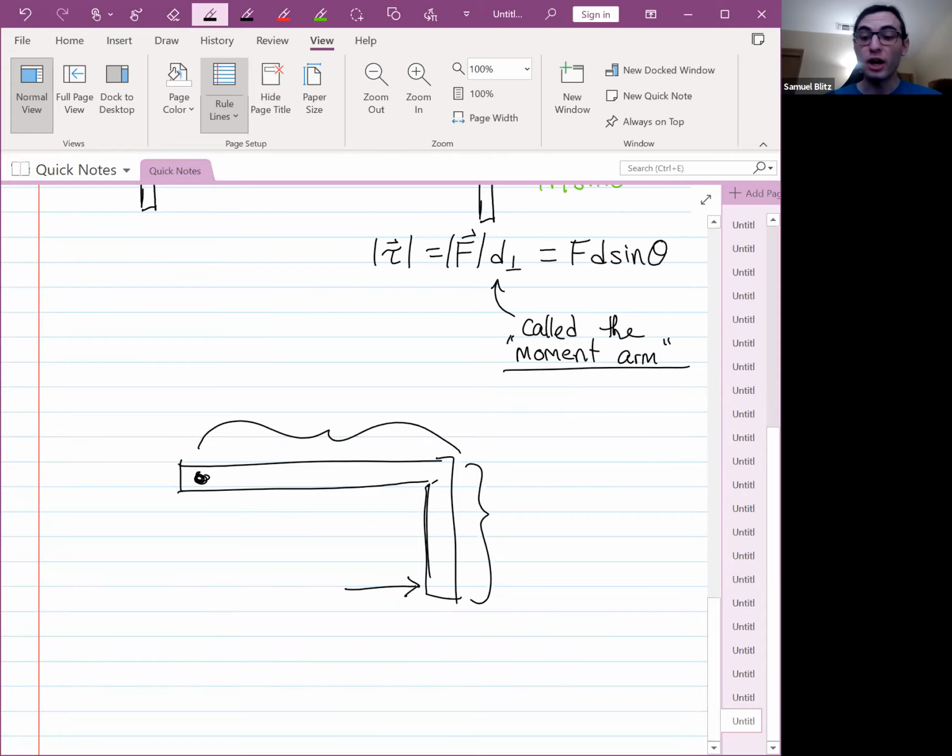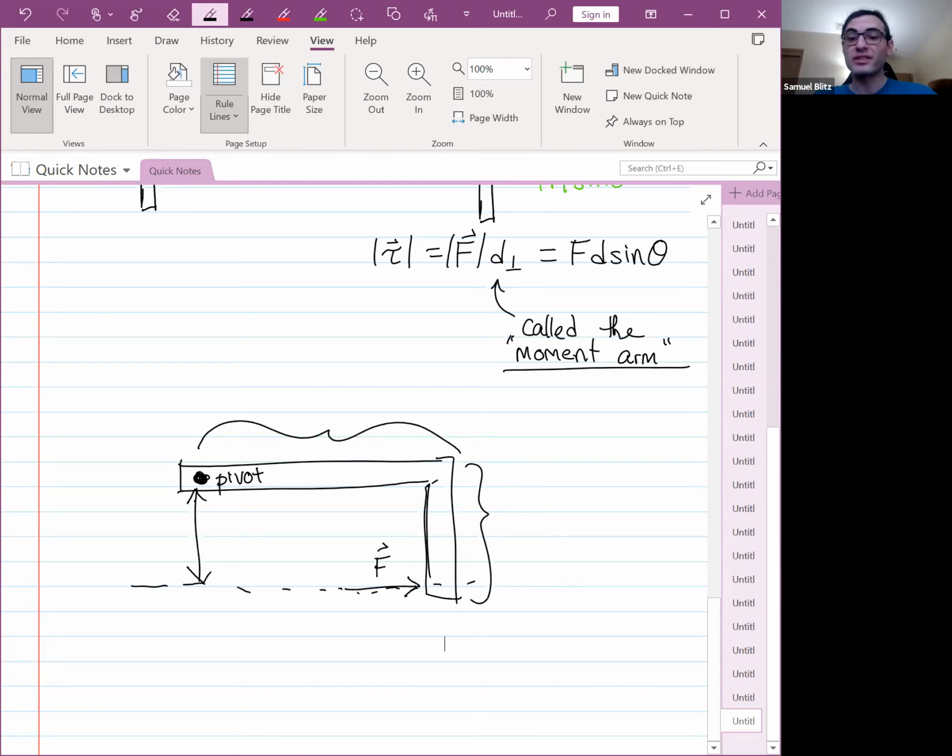Well, if you know the magnitude of this force, you know that this is the pivot point. You could find the torque that force induces by just extending the force line, and you already know that distance. So it's a lot easier and a lot quicker that way, just by using the geometry to set up. So this is why one might want to do that.